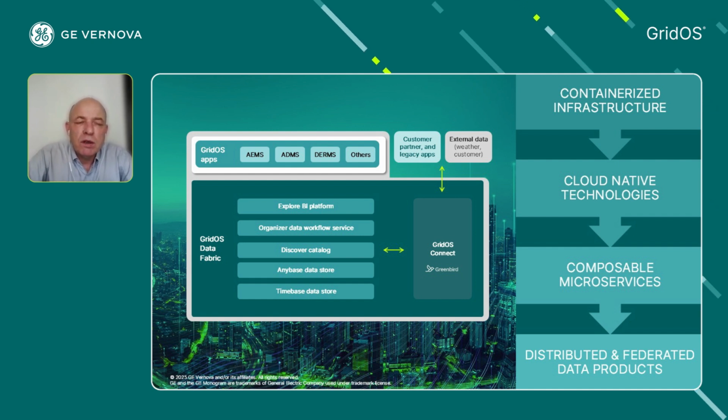One of the key components, and I'm going to start in the center of the diagram on the left there, is the Discover catalog. For me, that's the heart of the data fabric. Now, the Discover catalog is about that metadata management. So you get to be able to understand what data is available, where it lives, who updates it, who maintains it, what the quality of that data is to some degree, and also how you access it, who owns it, all those sorts of things.